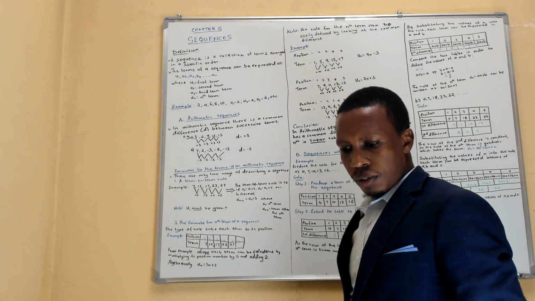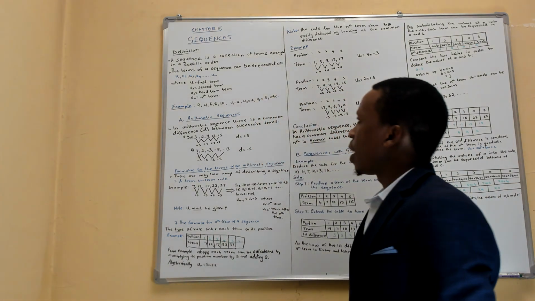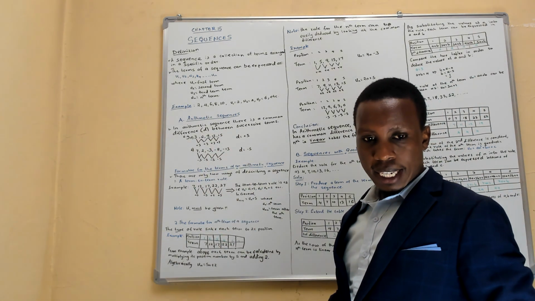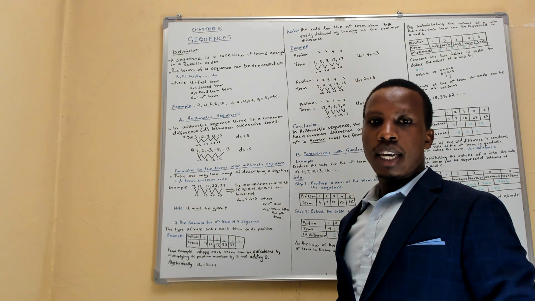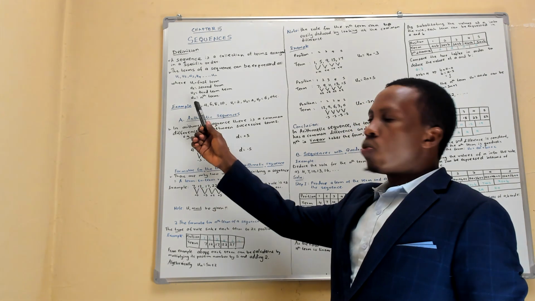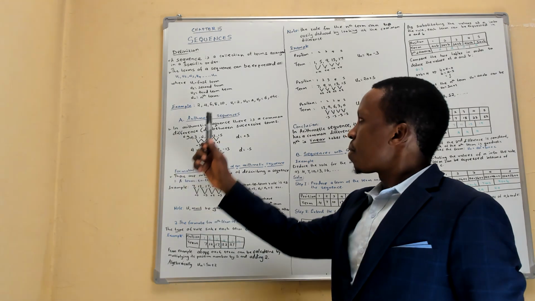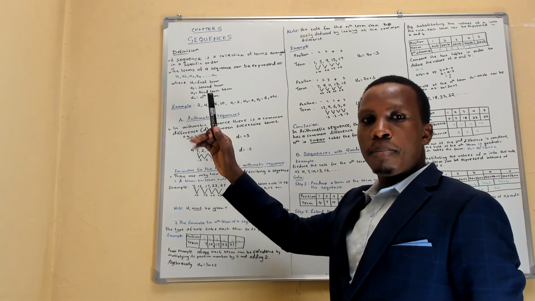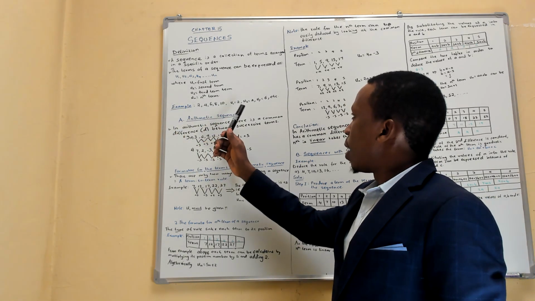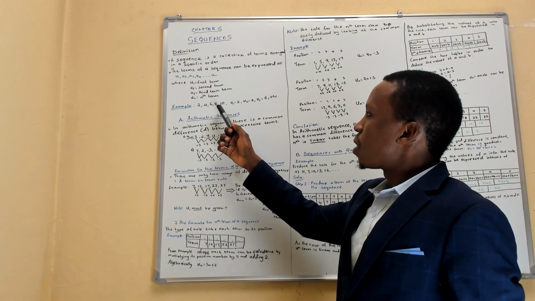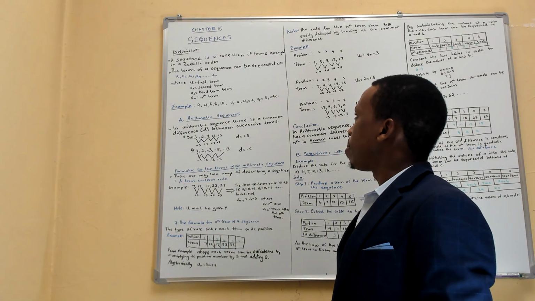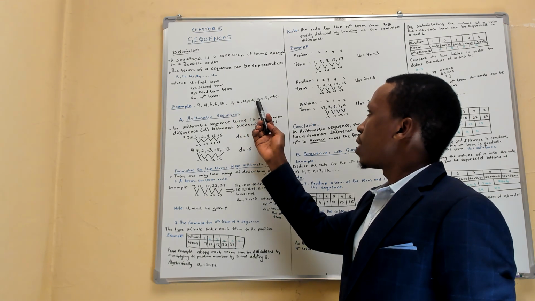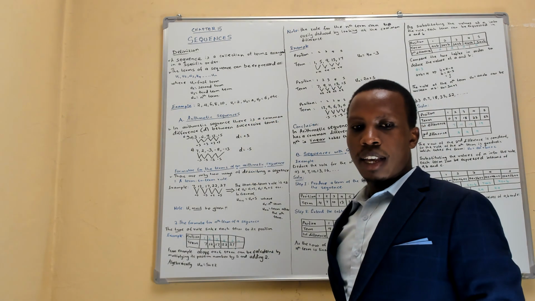Again, if you look at the example here, if I have a sequence of 2, 4, 6, 8, and 10, then 2 becomes the first term, 4 the second term, 6 the third term, 8 the fourth, and 10 the fifth. So U1 is 2, U2 is 4, U3 is 6, and so on.